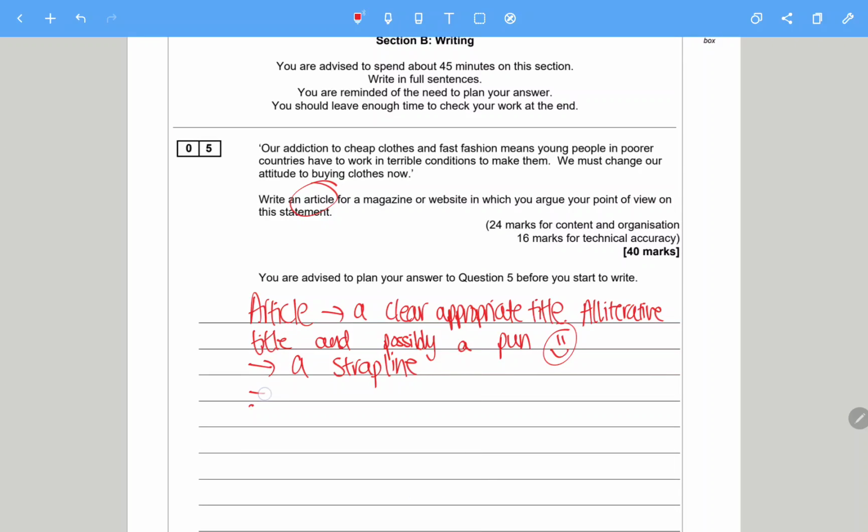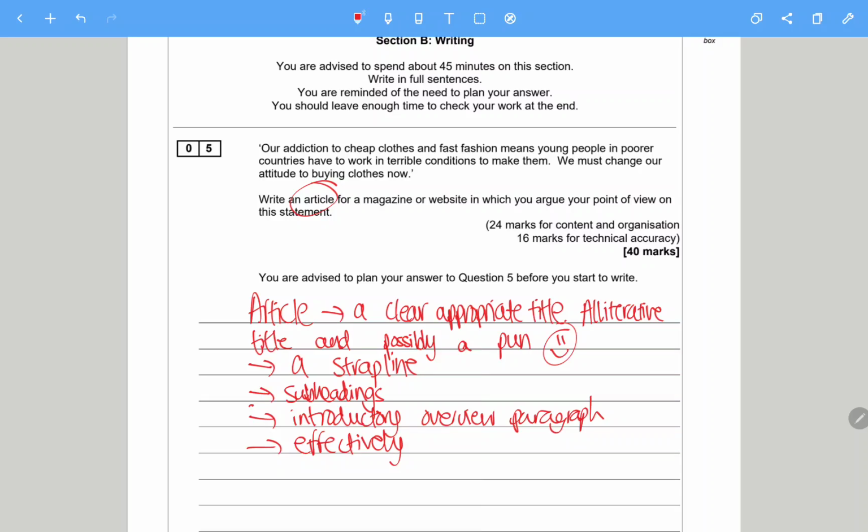Following that, you will need subheadings. So of course, subheadings will divide your answer into the individual paragraphs. You will have an introductory overview paragraph. And finally, you need to ensure that your answer is effectively written.